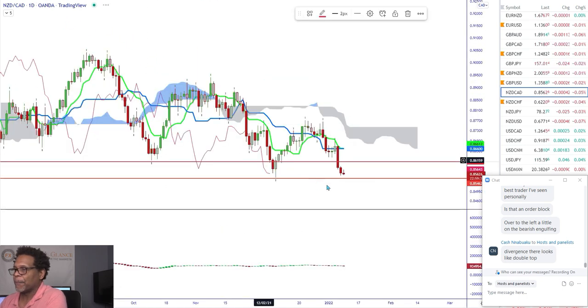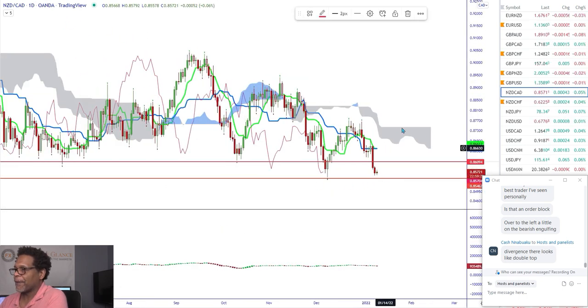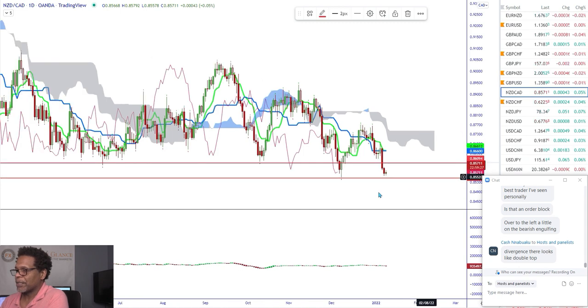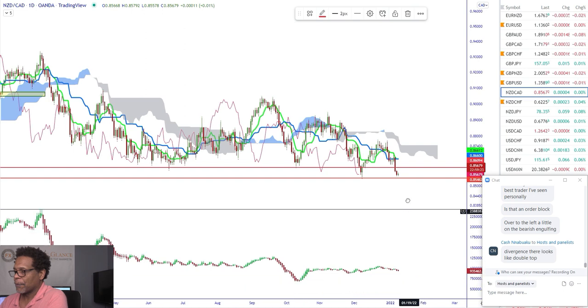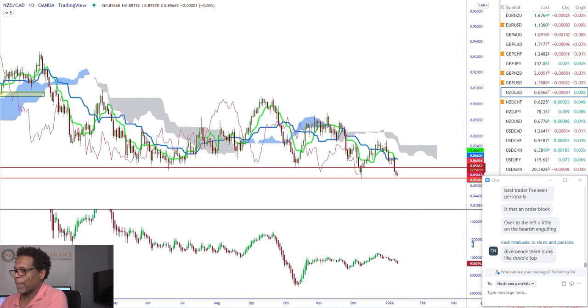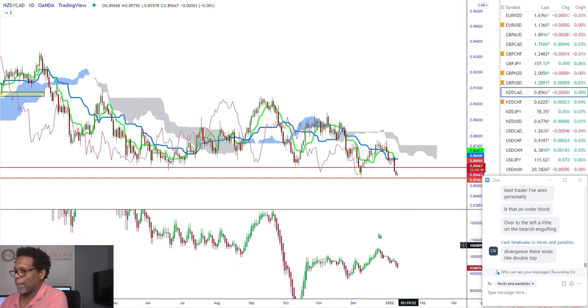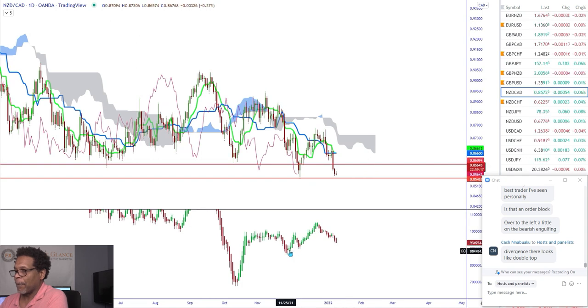So let's go to the daily. You're in between that area here, flat cloud, a little bit of extension. It doesn't look like it's going to break this level. I'm starting to see bullish divergence.